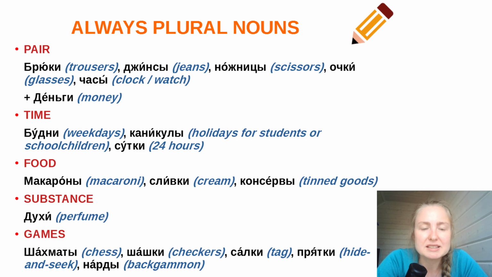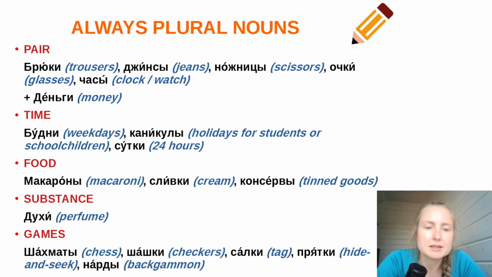Okay, the second group is time. The words like будни, каникулы, сутки. Будни, weekdays, каникулы, holidays for students or school children, и сутки, 24 hours. All these words have the ending ы or и, like каникулы, and these words in Russian are always plural. Also plural are some words from the category food, like макароны, сливки, консервы.